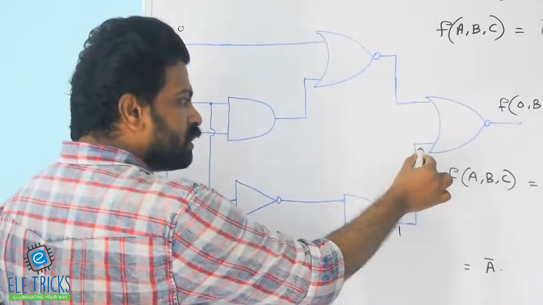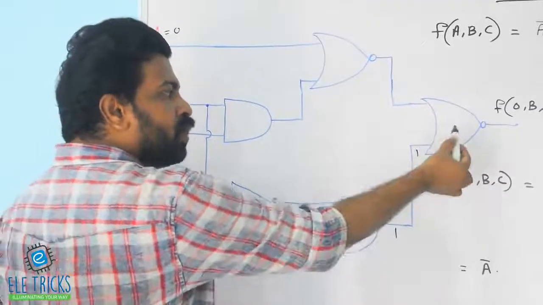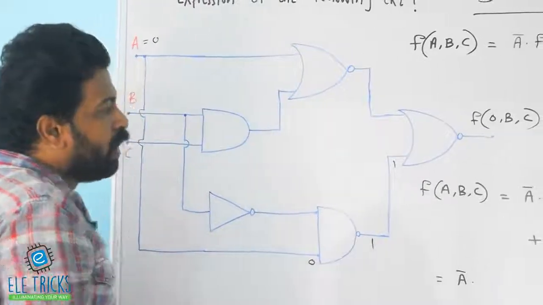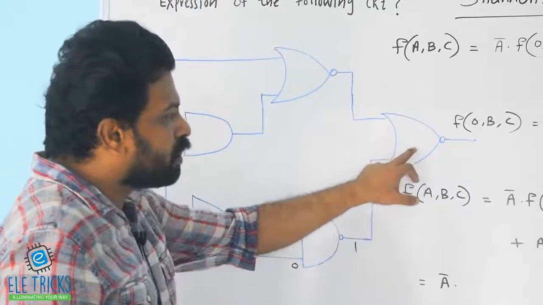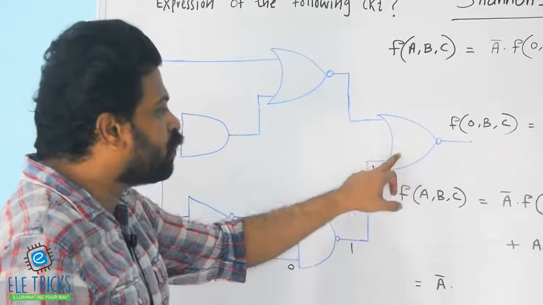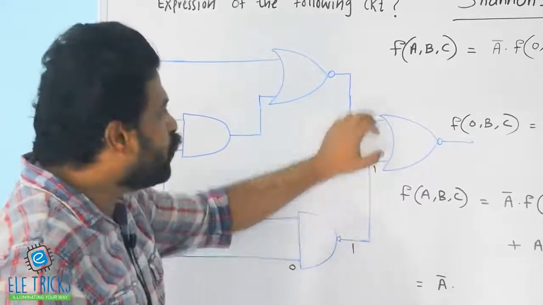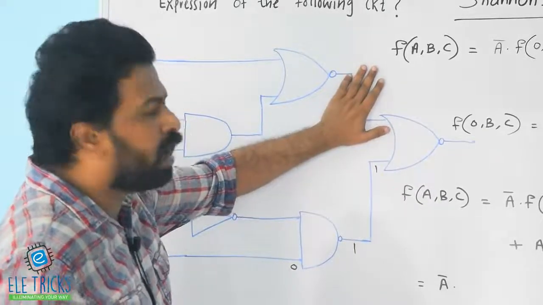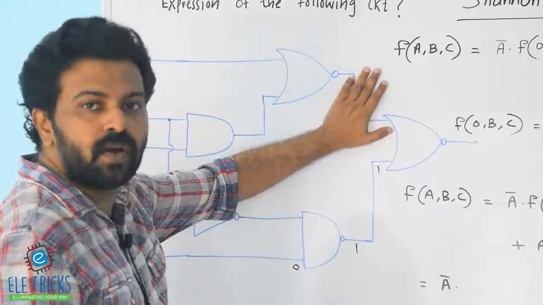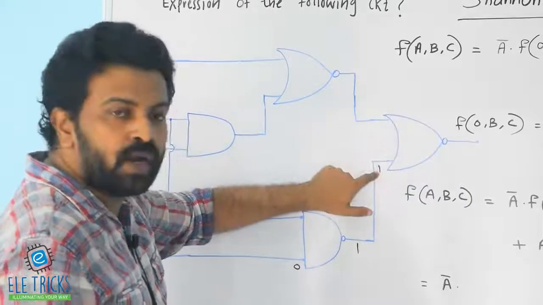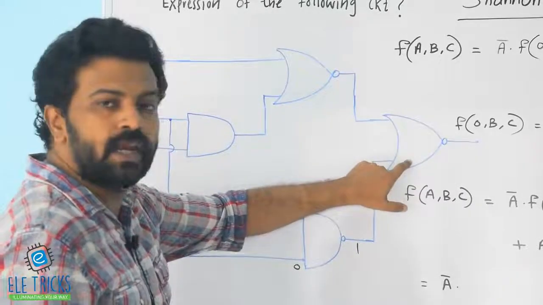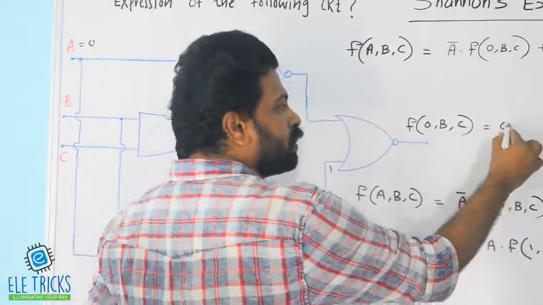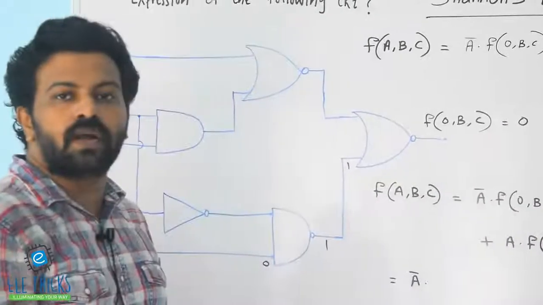So this particular input to this NOR gate is 1. Now, once one of the inputs of the NOR gate is 1, you need not worry at all about the other input of this NOR gate. Since one input is 1 for this NOR gate, immediately you can write the output of this NOR gate is equal to what? 0.